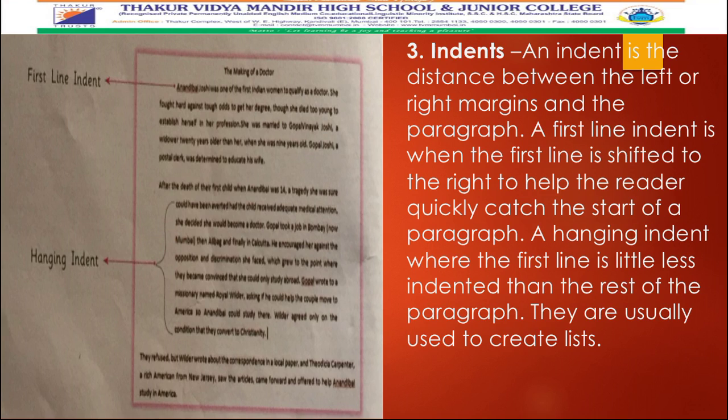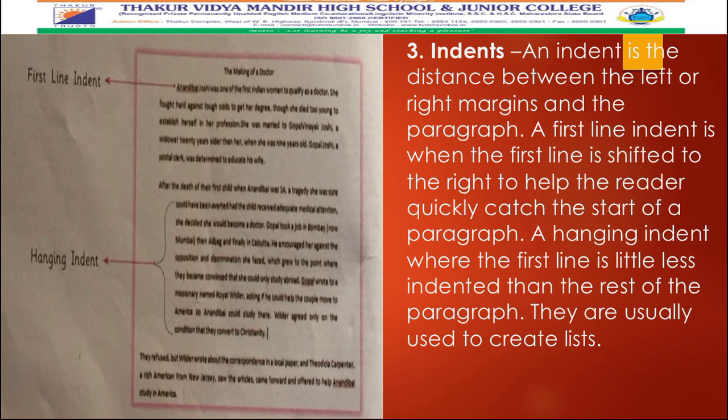Let us see. The first one, select the text you want to change. Second option, click on the page layout tab. Third, from the paragraph group, click on the paragraph launcher. The paragraph dialog box appears. In the indentation section, from the special drop down list, select the first line or hanging indentation option.